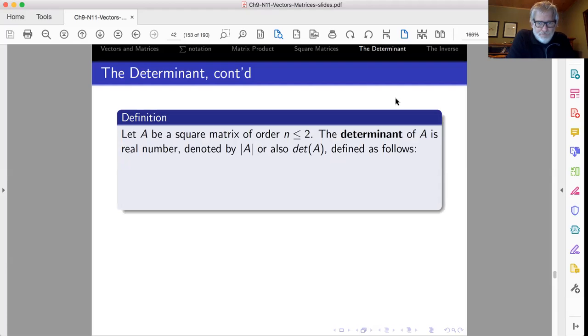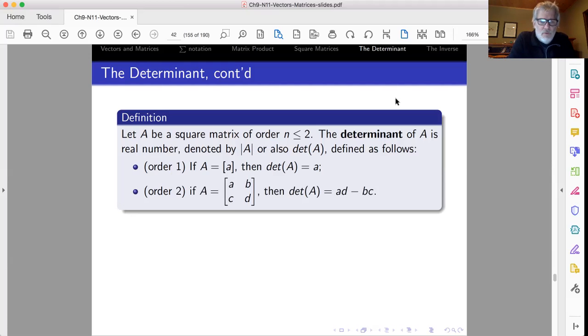So here is our definition. I have a square matrix A of order n, which is at most 2. So for our purposes now, we're going to look at matrices which are 1 by 1 or 2 by 2. The determinant of A is a real number, and you have the notation there for this number, and here is how it is defined. If it's order 1, in other words, if your matrix is just a real number, then the determinant is that number. That's super easy.